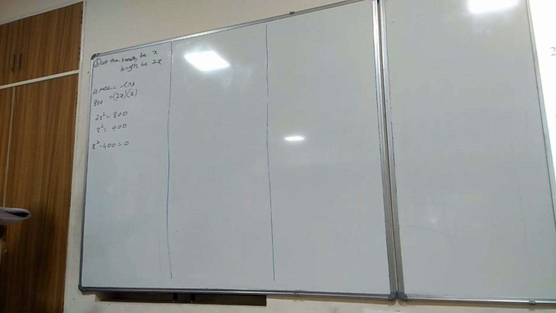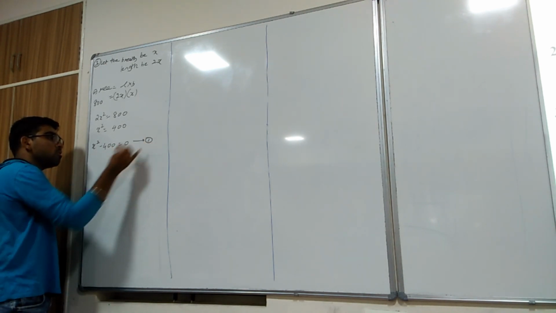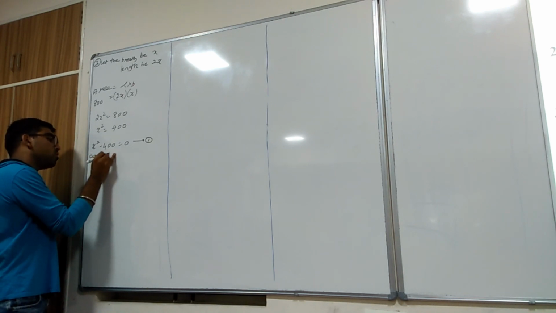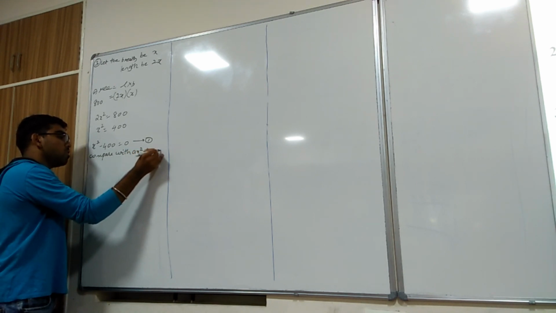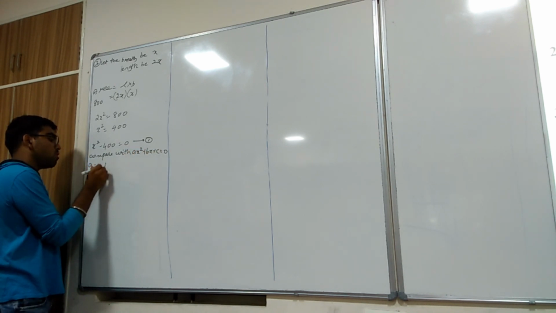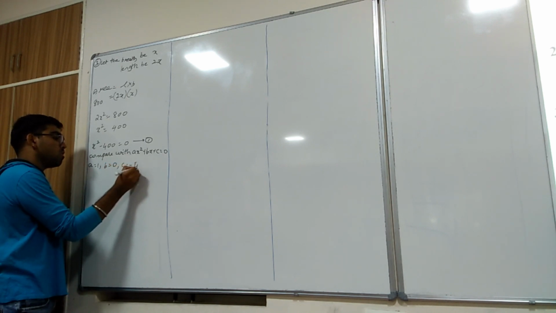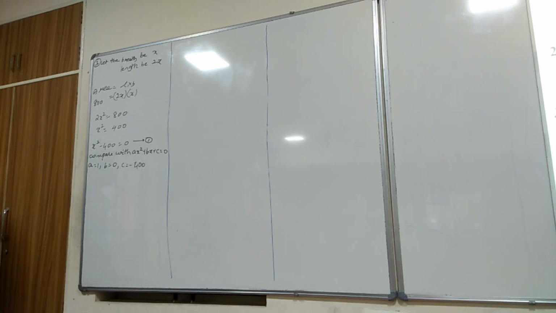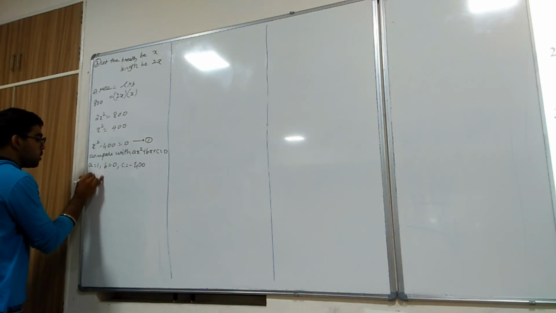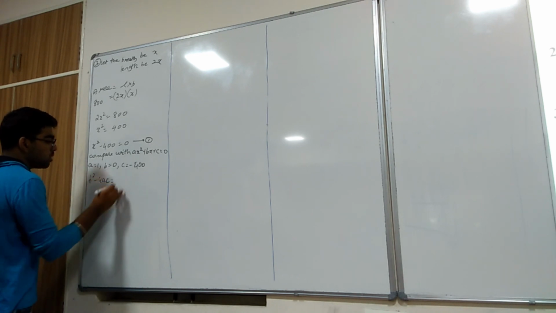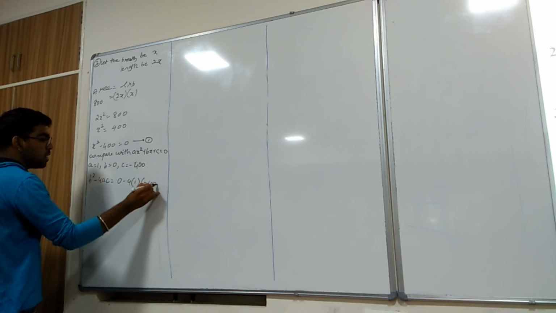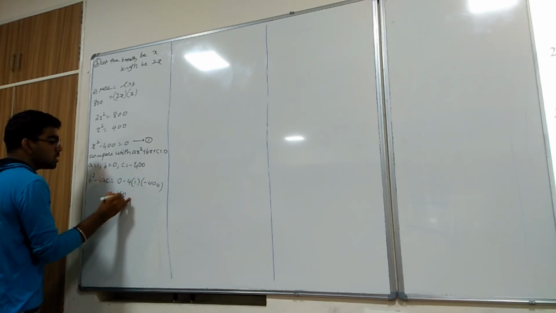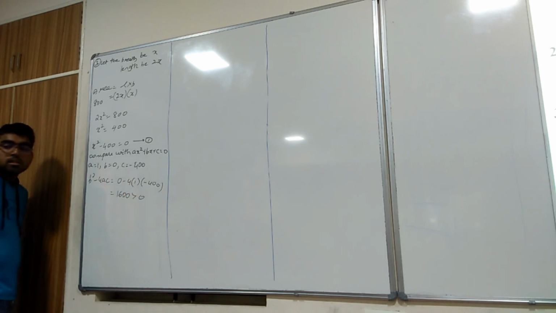Yes. So now compare with ax square plus bx plus c, with c as minus 400. Okay. So now b square minus 4ac. So it will be 0 minus 4 into a is 1, c is minus 400. So it is 1600. It is greater than 0.